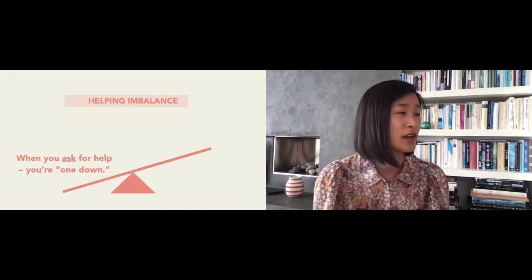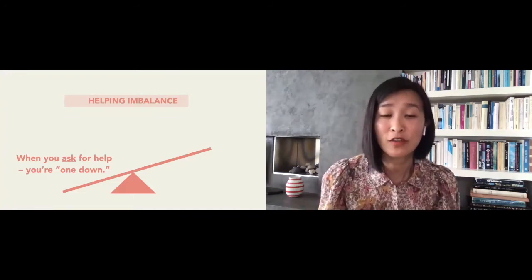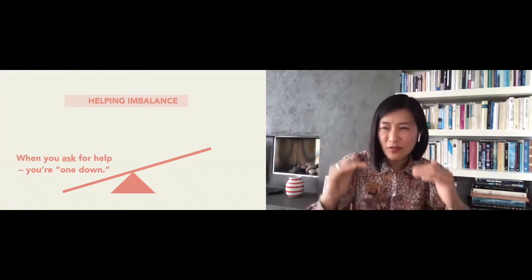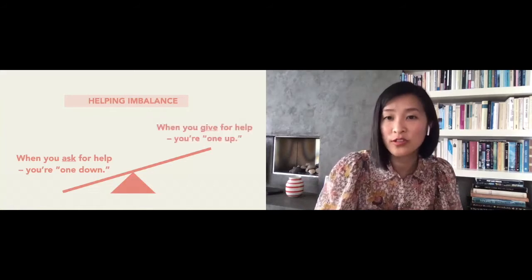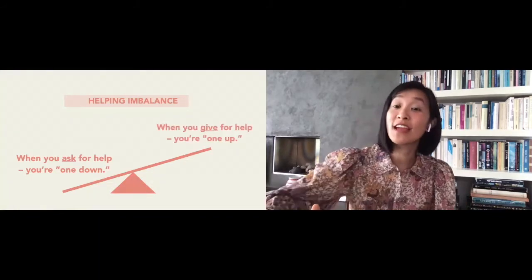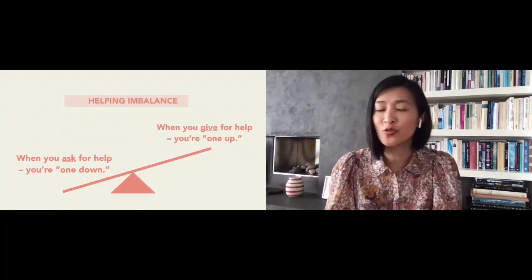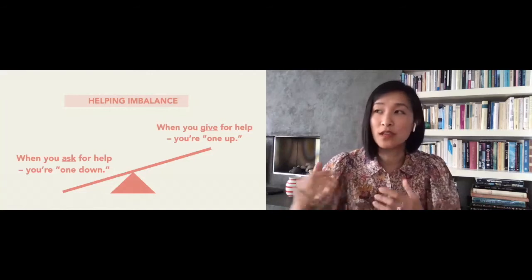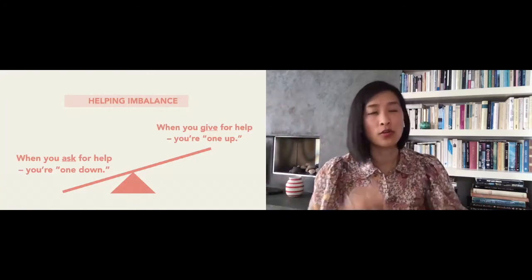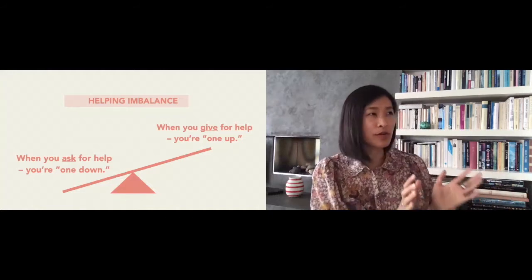You're worried about the way someone's perceiving you for asking for that help. And so you feel like your sense of power or status is reduced, versus if you're the one giving help, you are the expert, right? You are the person in charge. You are what someone would describe in a relationship dynamic as being one up, right? So if you're the giver of help, you're sort of one up. If you're receiving help, it's a little bit more vulnerable.